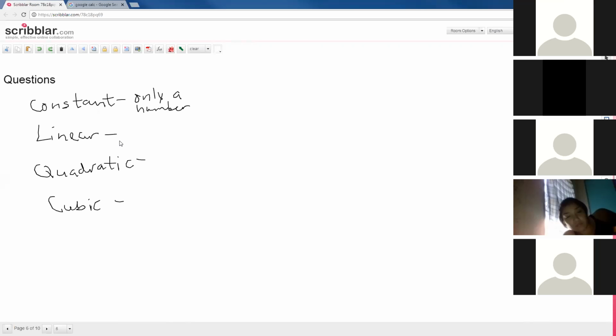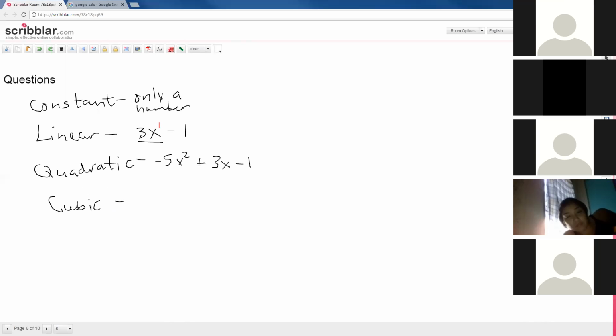Linear is when you have a variable and it's only to the first power. So you can have a variable and a constant. It just has to for sure have this piece. And when there's no exponent written in, it's assumed it's an exponent of 1. So that exponent of 1 is what makes it linear. Sorry, polynomials have a lot of definitions, so we'll be going through a lot of definitions. Quadratic is when you have an exponent of 2 as the highest exponent.